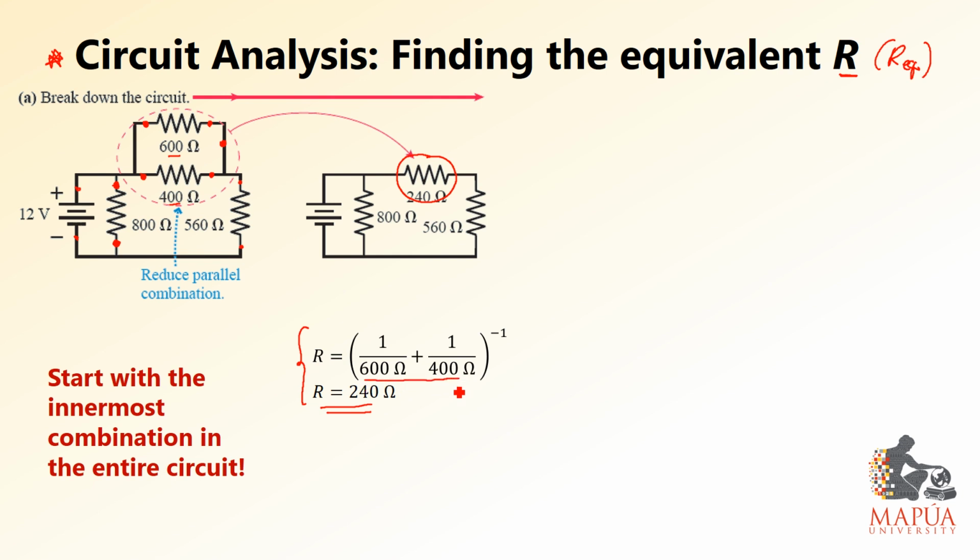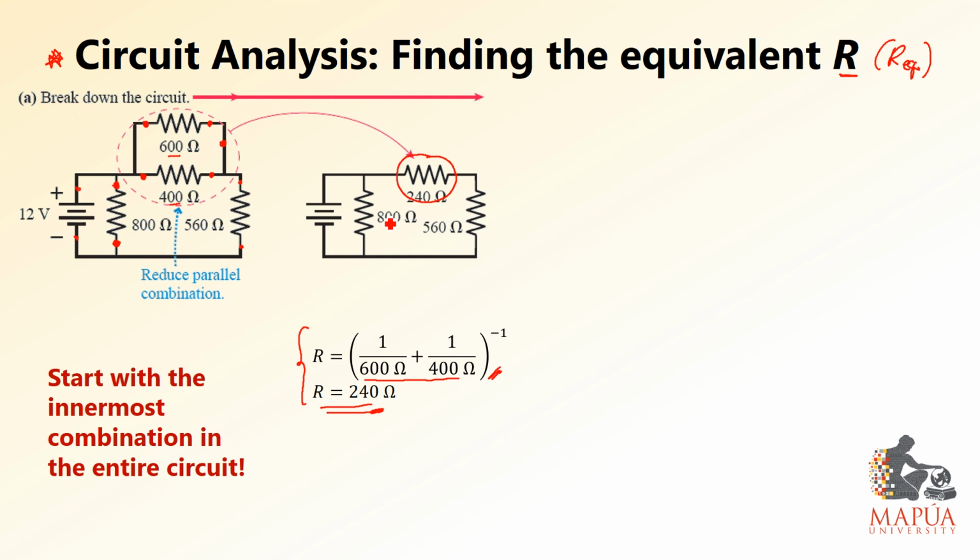Hence, this equation. Again, these two resistors are in parallel and their equivalent resistance is computed by this equation, and the result is 200 ohms. So now we have broken down the circuit's first level.